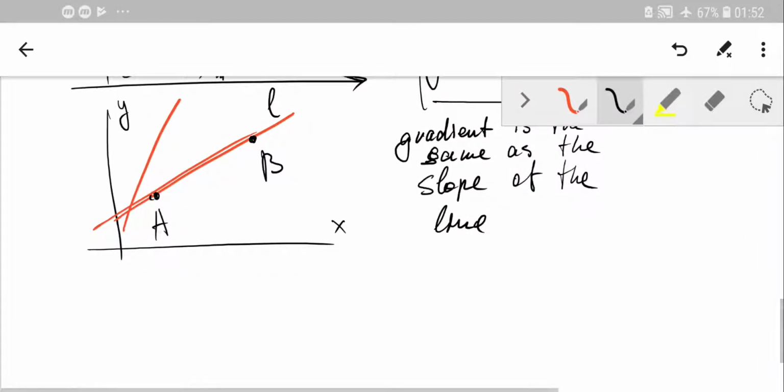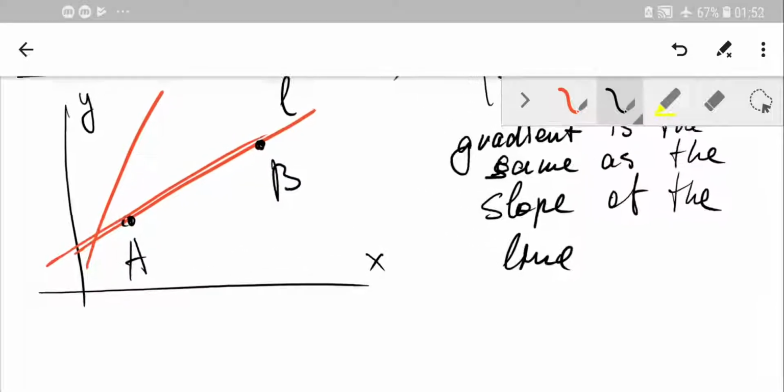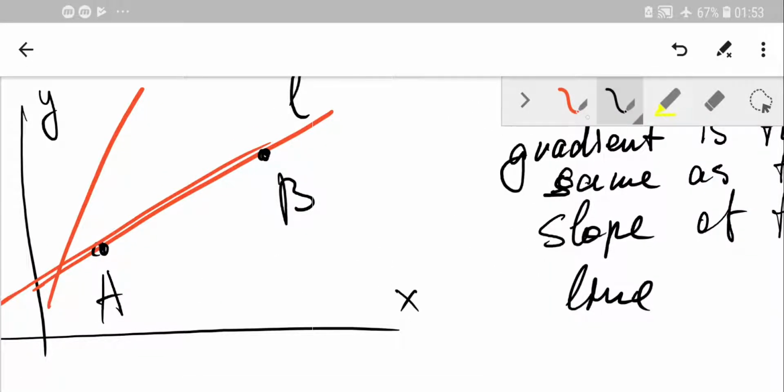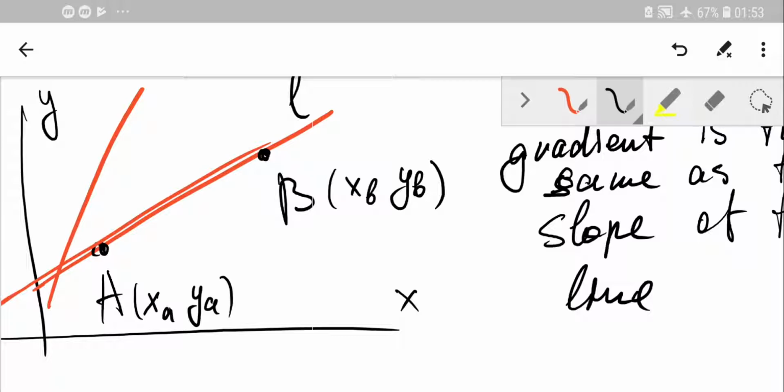So how do we figure out the gradient? In order to define the gradient of a line or a segment, obviously you need to have coordinates. Let's say this is xa, this is ya. And for B, you'll have xb and yb. Alright, so in order to calculate the gradient, you just use the same approach as we did many times, right?